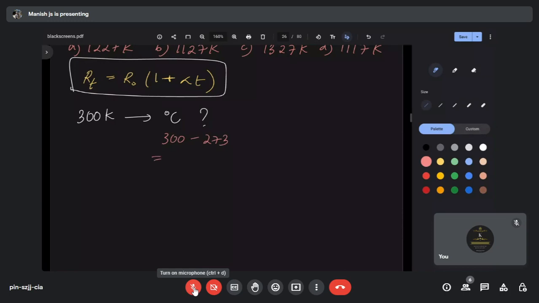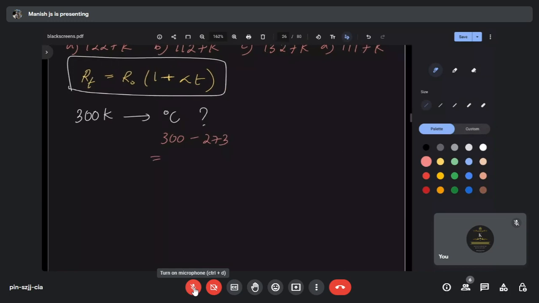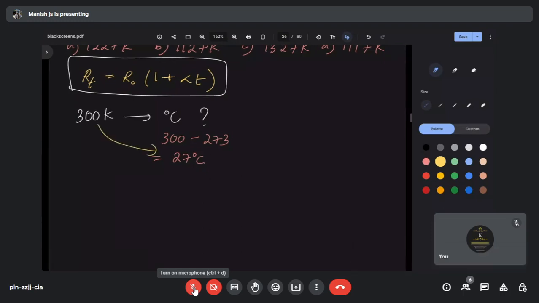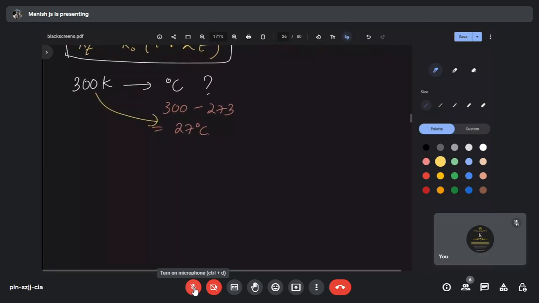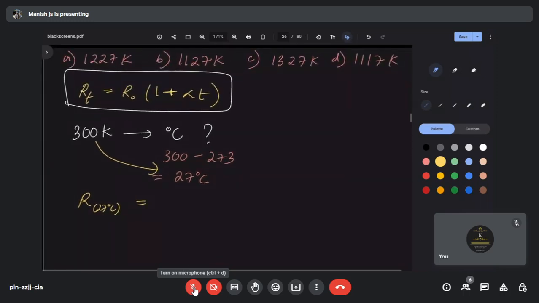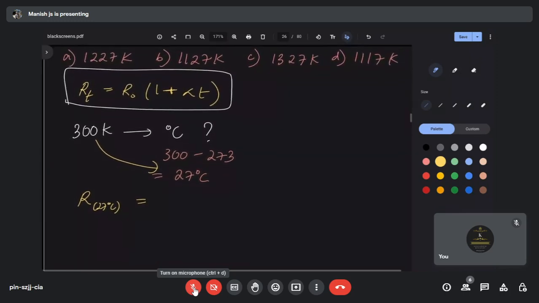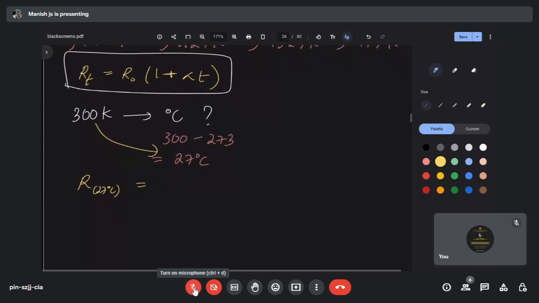How much is that? 27? So 300 Kelvin is equal to 27 degrees Celsius. So the resistance at 27 degrees Celsius, RT is equal to R0 into 1 plus alpha T, and we are applying that.